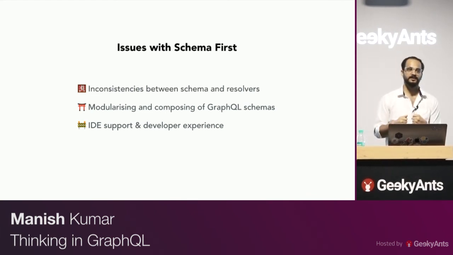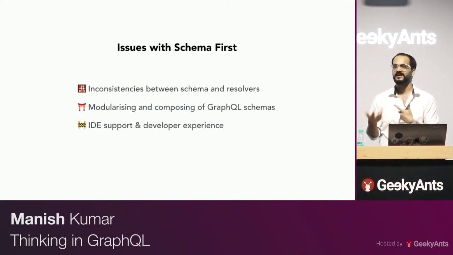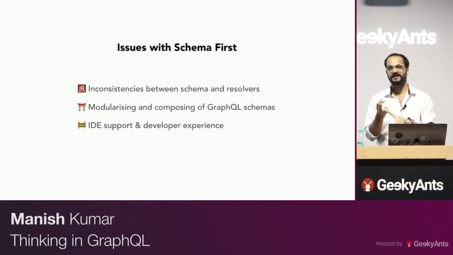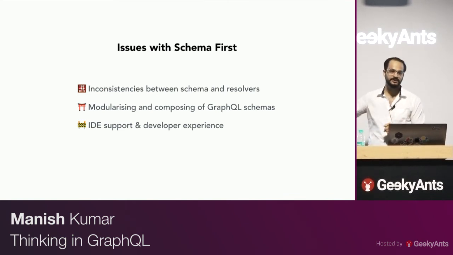JavaScript won't understand that, or even let's say Java won't understand that, because those are plain strings. I cannot make anything out of it. So I lose out on IDE support as well as developer experience. This is completely typed. I can get autocomplete, I can get static analysis, I can get a lot of things, but I don't get that because of that schema first approach. And it's not like there are no solutions to this.